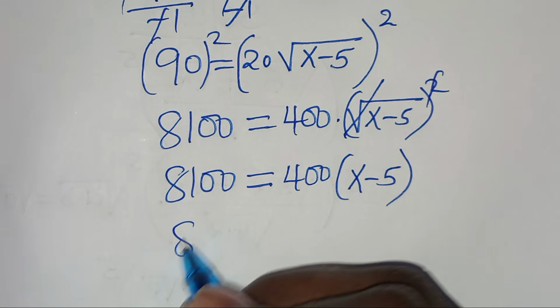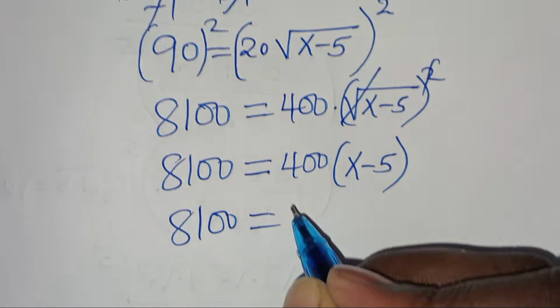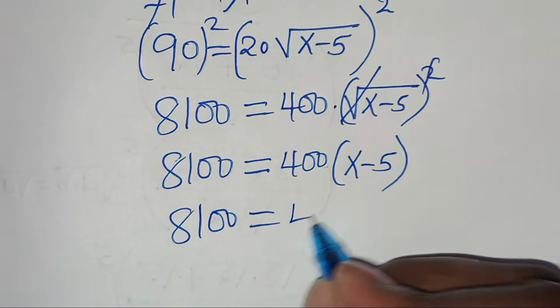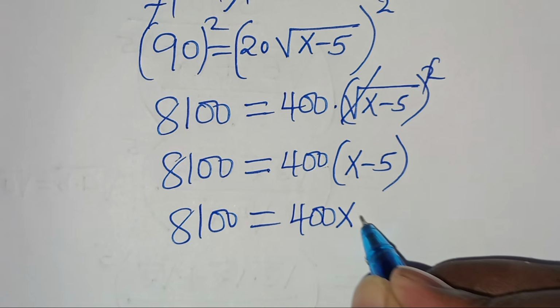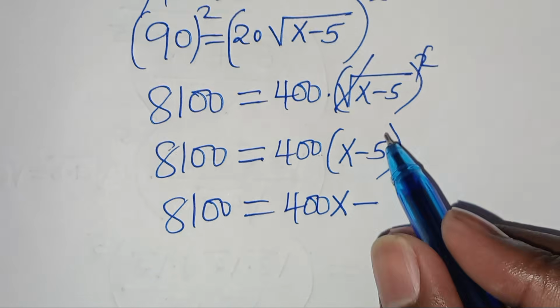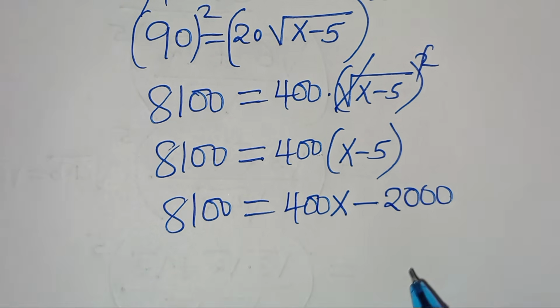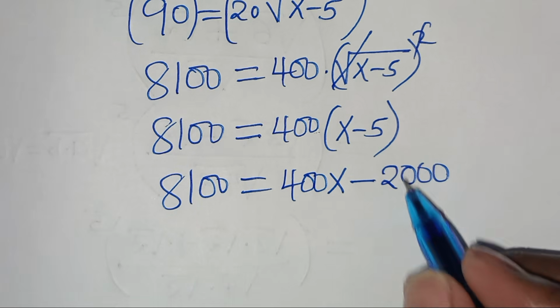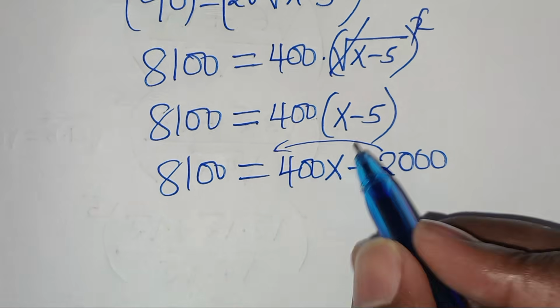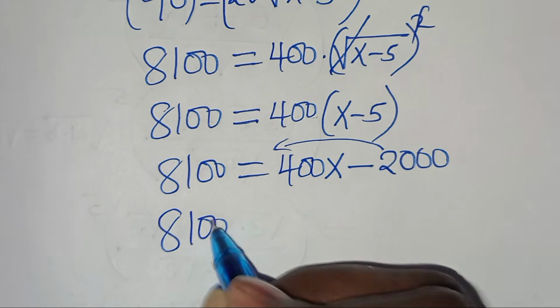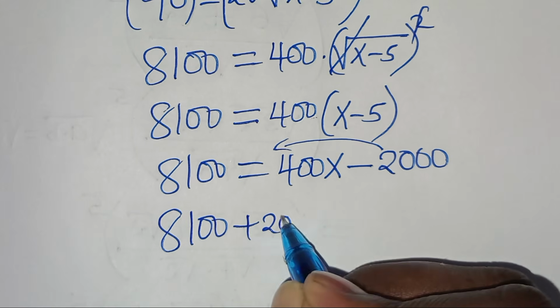So this is 8100. This is equal to 400 times x. This is 400x minus 400 times 5. This is equal to 2000. Now let's take minus 2000 on the left hand side, so that we have 8100 plus 2000.